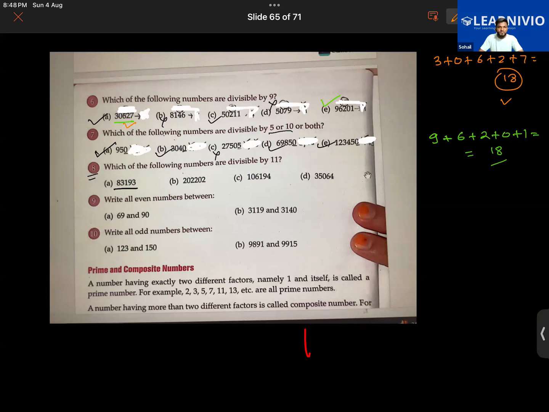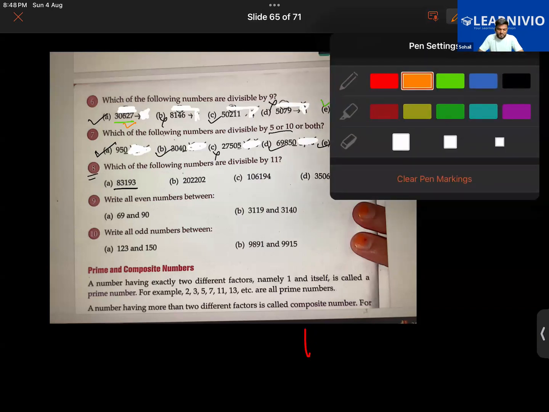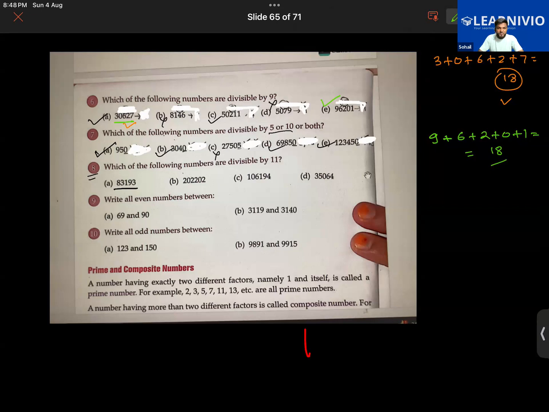Find out the sum of the pairs of the digits and then find out their difference. If the difference of the sums of alternate pairs of digits is either 0 or 11 or a multiple of 11, then it is divisible by 11. Will you be able to solve question number 8, Habib, or should I give you a hint? Try to recall it. Good.